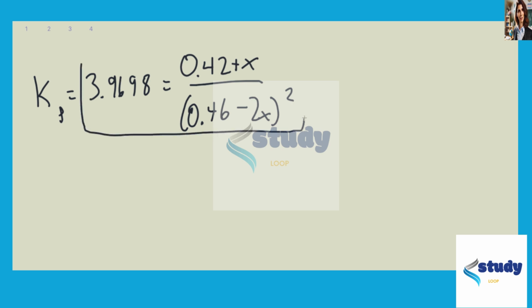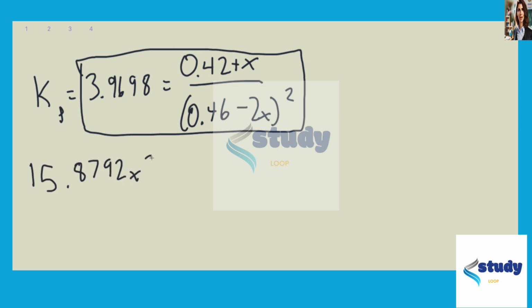And so now we take this and rearrange it into a quadratic so that we can solve for x. And when we rearrange it into a quadratic, we get 15.8792x squared. And I'm just keeping all the decimal places here for further accuracy. Minus 8.304x plus 0.42, and that equals 0.